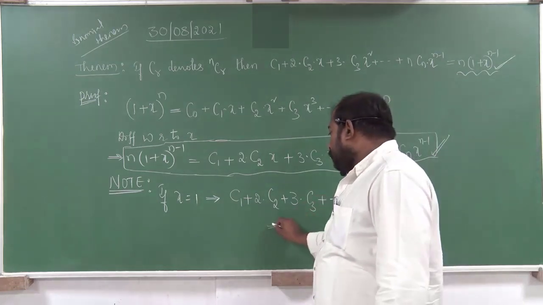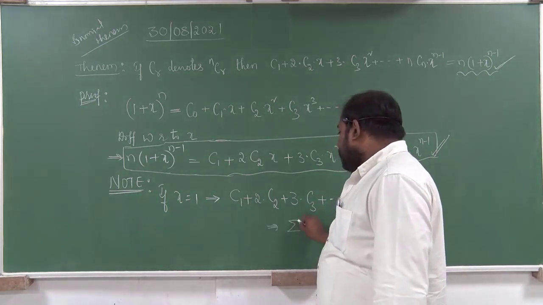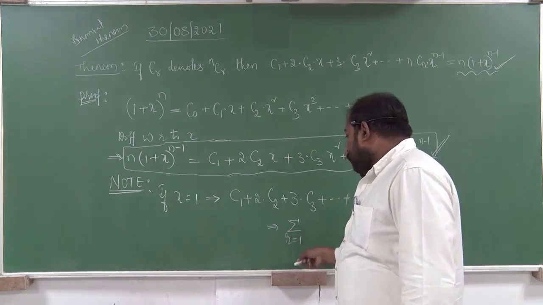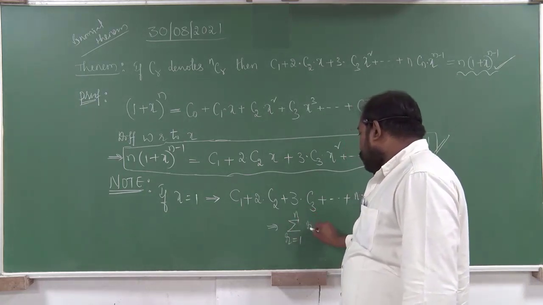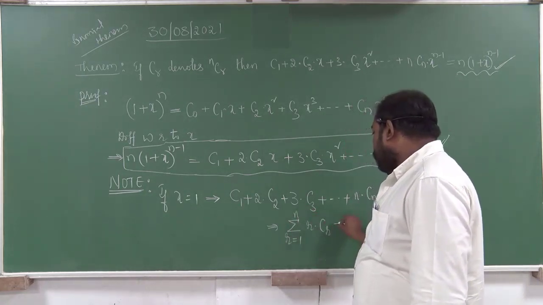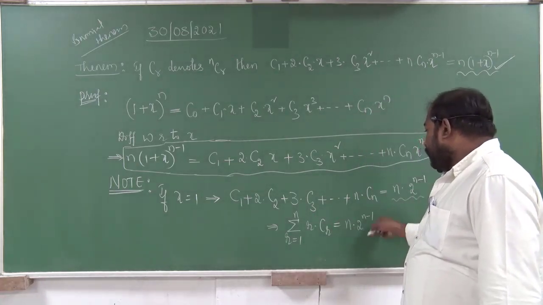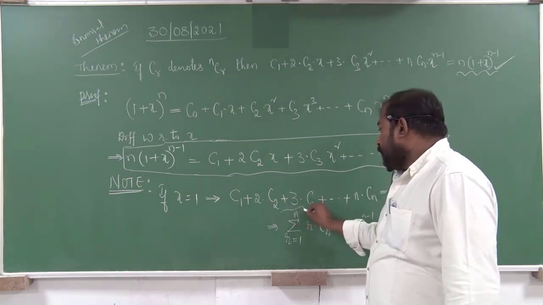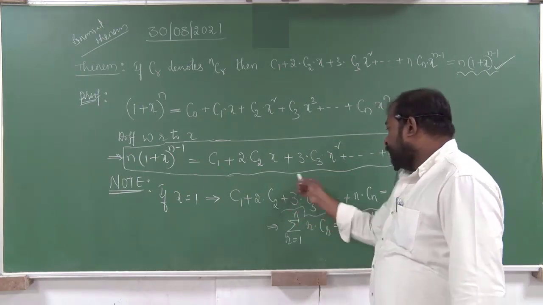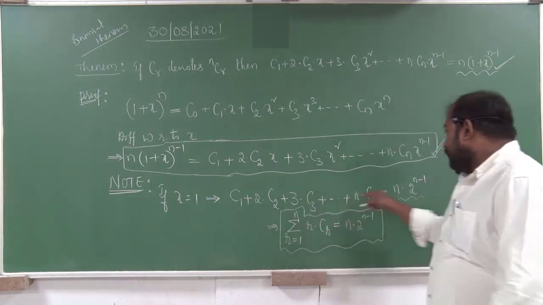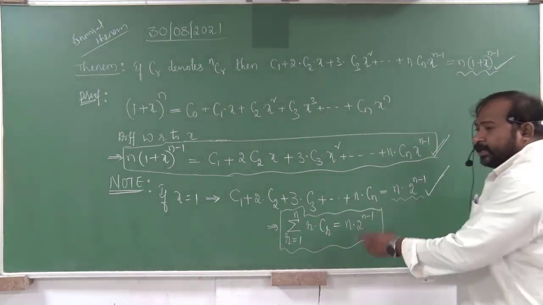Instead of writing the whole value, you can write it as sigma, listen, sigma r equals 1 to n of r into Cr is equal to n into 2 power n minus 1. So this is also important. With the help of this sigma notation, I can write this result like this.